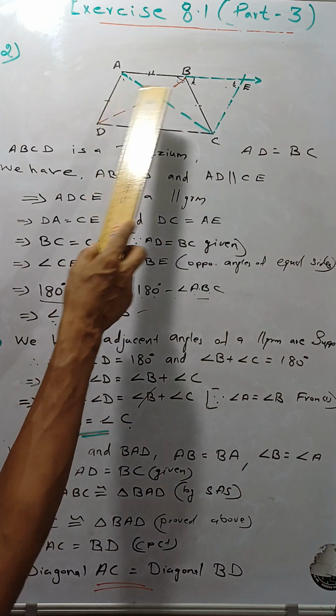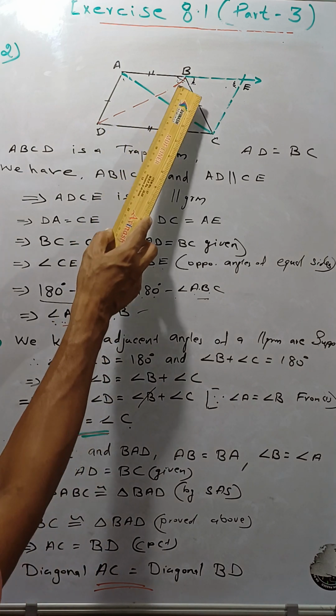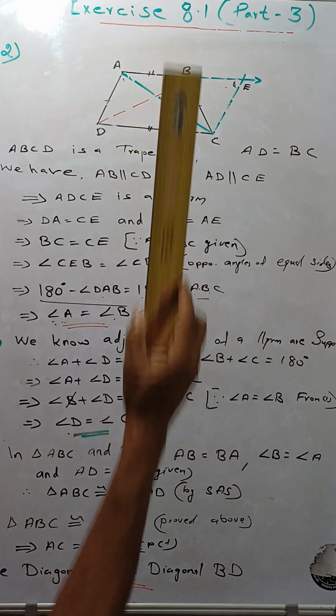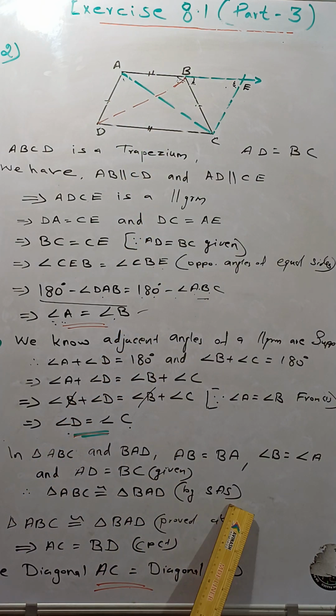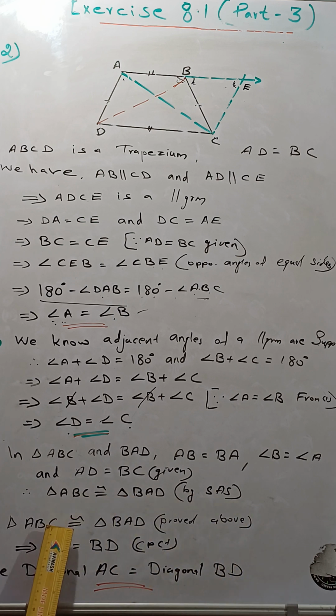AD and BC are equal, that is given. Therefore, we can say this triangle and this triangle are congruent by the SAS rule of congruence of triangles. We proved these two triangles are congruent.